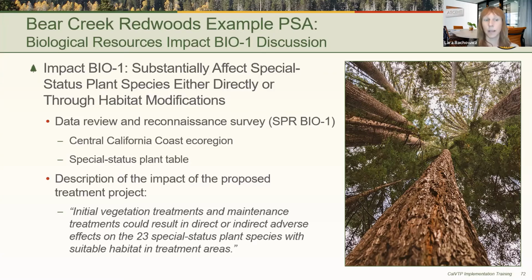Finally, we created a table of the special status plants determined to have potential to occur based on the database searches, the literature review, and reconnaissance survey. For Impact Bio 1, the description of the impact in the PSA states that initial and maintenance vegetation treatments could result in direct or indirect adverse effects on the 23 special status plant species with suitable habitat in the treatment area. Next slide.